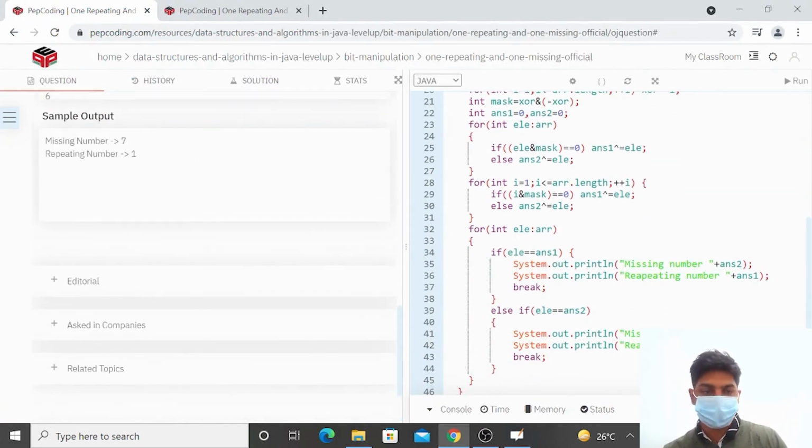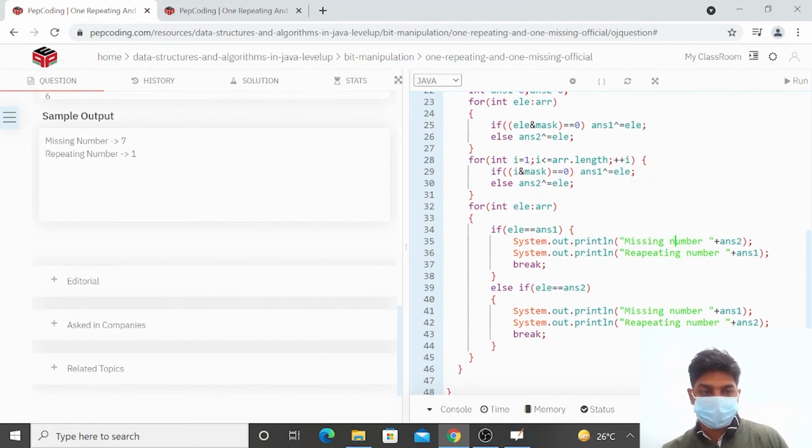Missing number, with capital N in number, is followed by an arrow operator. Here also it will be followed by an arrow operator. We are done with the code.